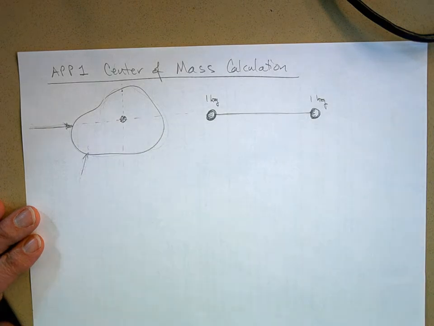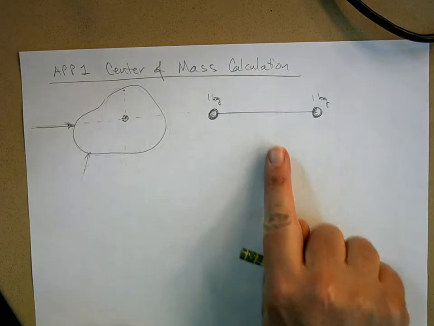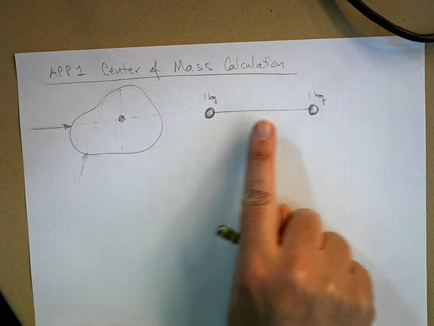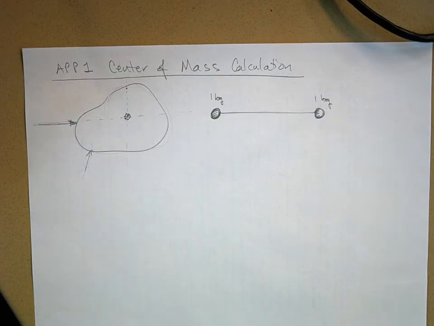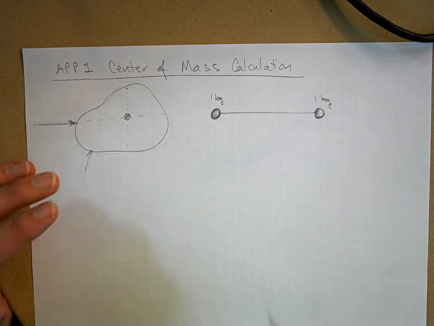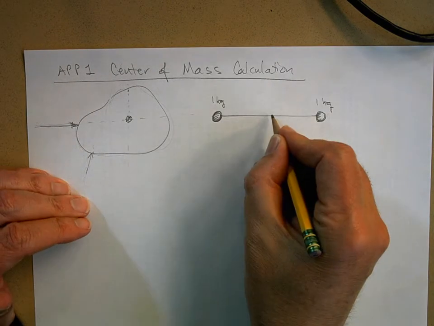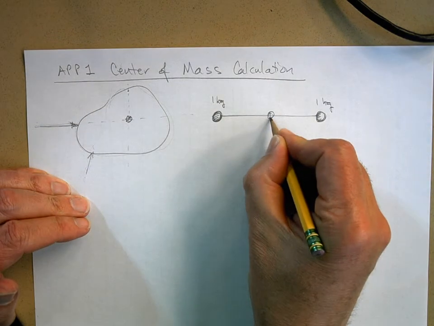I'm going to put my finger here, and let's say, where would it balance if I were to hold it with my finger? It's 1 kilogram here, 1 kilogram here. It's pretty easy to see where it would balance, right? Right in between them. It's the balance point that we call the center of mass. So it's going to balance right here, right in between.